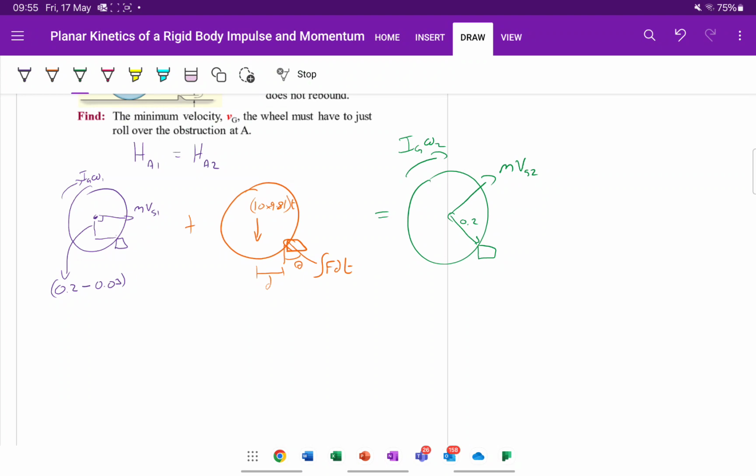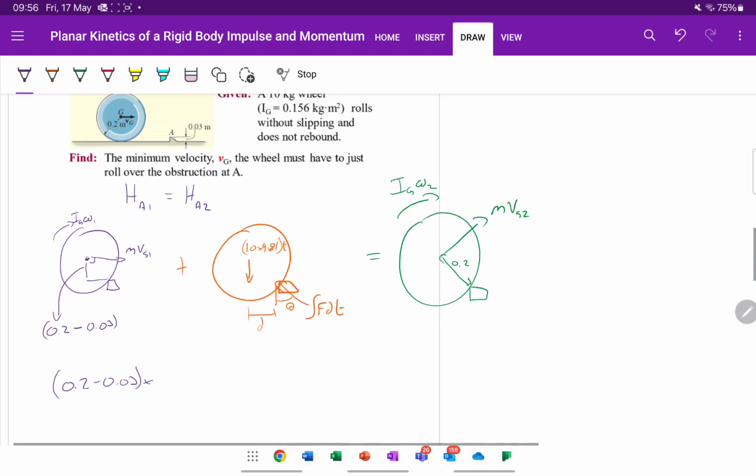So we can say, well, remembering there's two components to angular momentum in the purple and in the green. There's the bit that's already there, I G omega, and there's the piece created by the linear, the MVG, being a distance away from the pivot point. So we've got 0.2 minus 0.03, the distance away, times MVG.